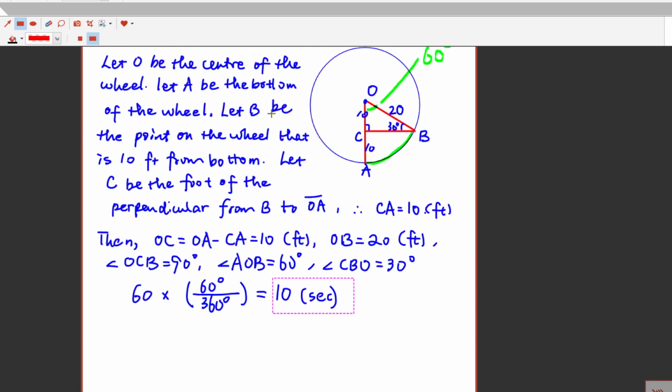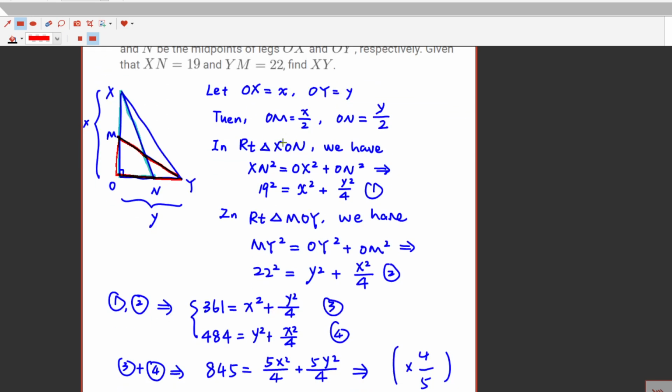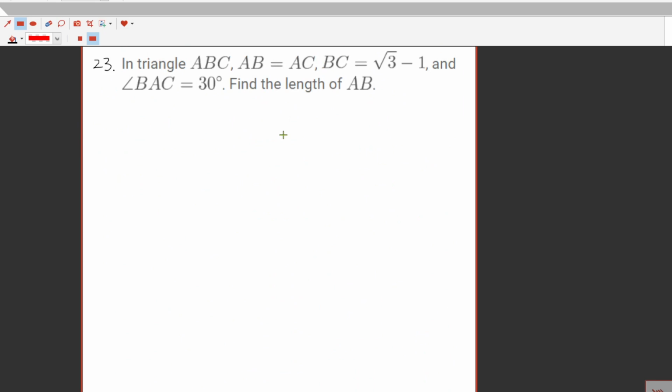Okay, next one, 23. Okay, in a triangle ABC, AB equals AC, so that's an isosceles triangle.